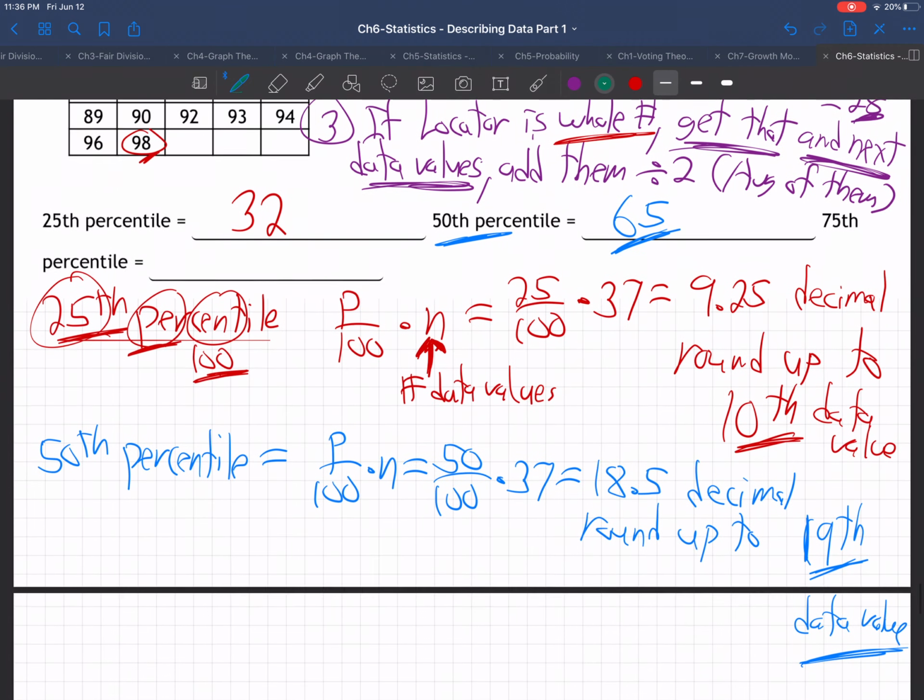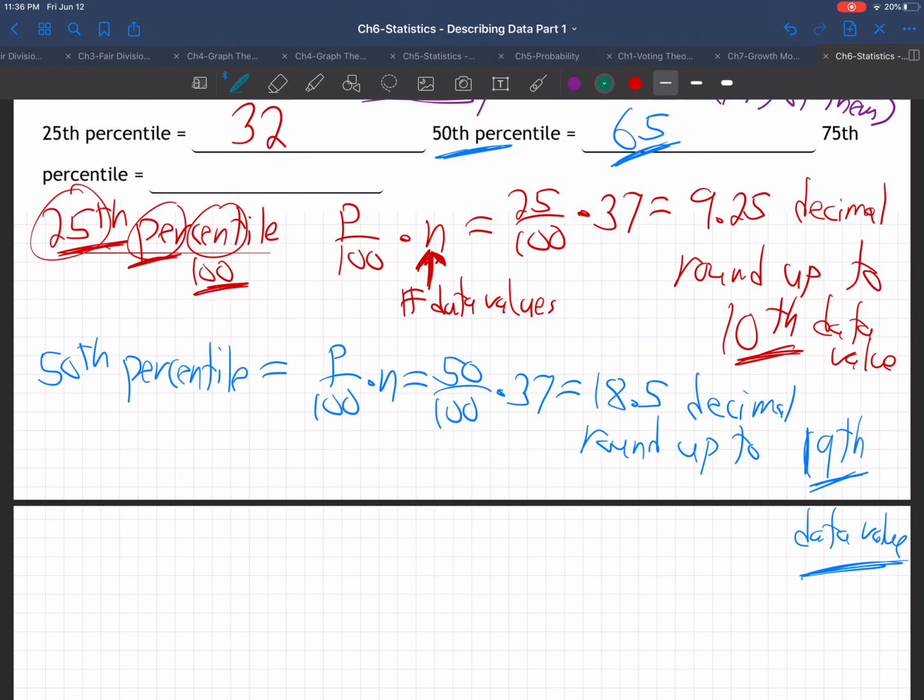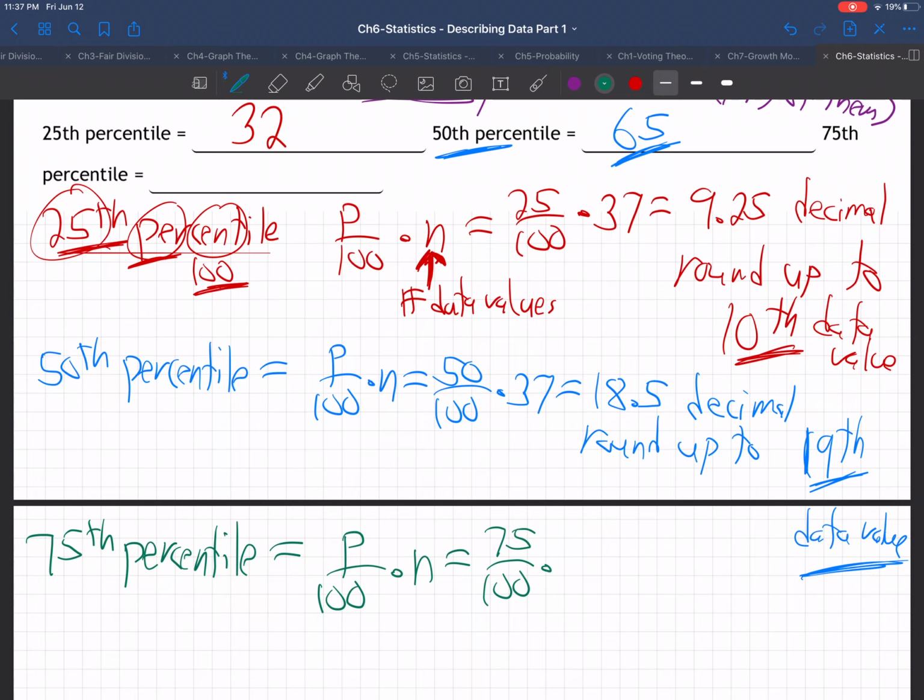All right, last, the 75th percentile. Same deal. P over 100 times N, 75 over 100 times 37 total data values.